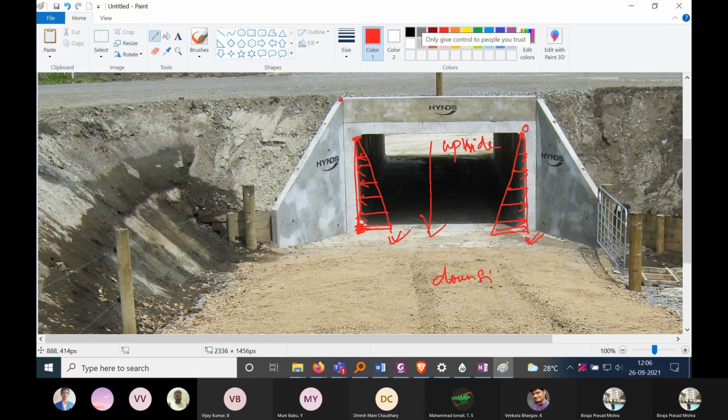If we talk about this side, since this one is filled with soil, the pressure will be minimum here and maximum here. So the soil pressure will be in the form of a triangular load, not a uniformly distributed one. Nobody pointed out that I was doing this wrong.